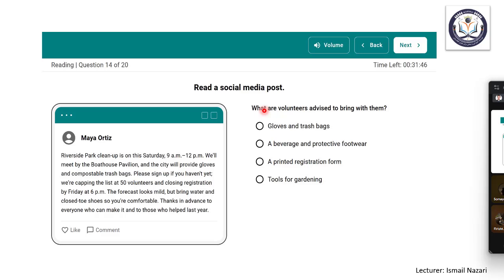If it is why, it is asking about the reason. If it uses the word where, who, whom, they have different functions. We have to be careful when reading the question because it helps us a lot to understand the main point of the question, or what the question mainly asks.